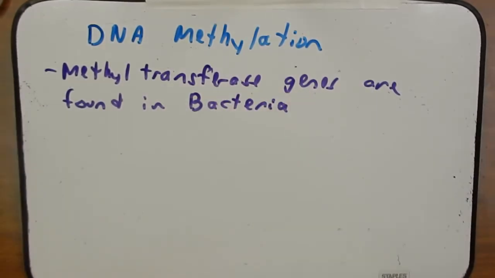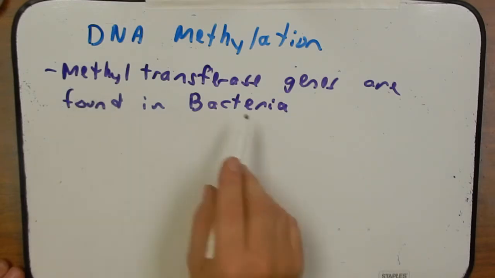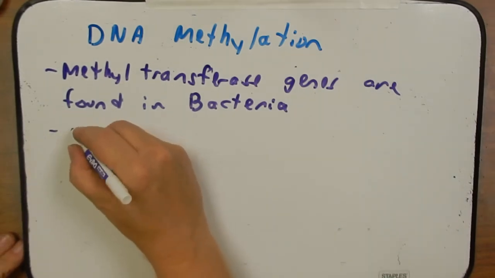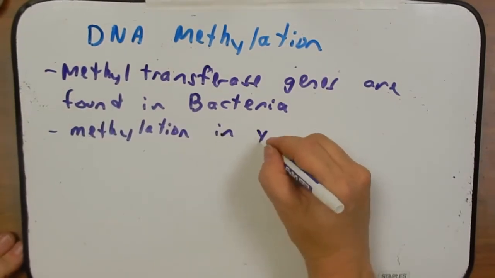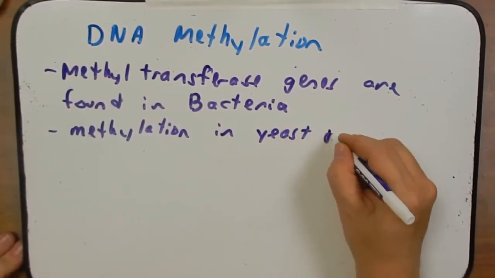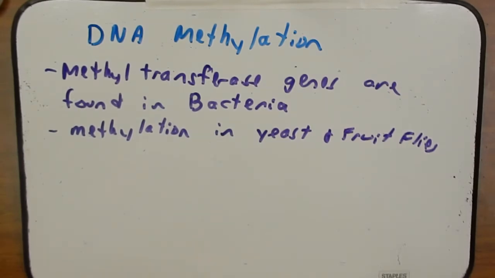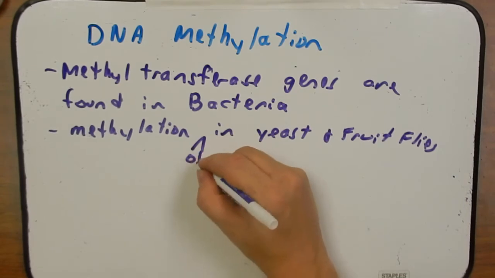So it's not a new enzyme. This enzyme's been around for a long time. It has slightly different targets. In some species, it can methylate other nucleotides. As I said before, we don't see a lot of methylation in yeast and fruit flies, but they do have methyltransferase genes. It's just that they don't methylate the cytosines.